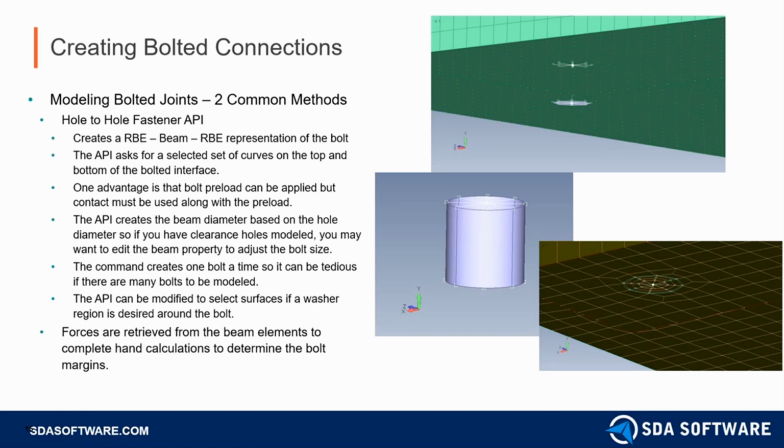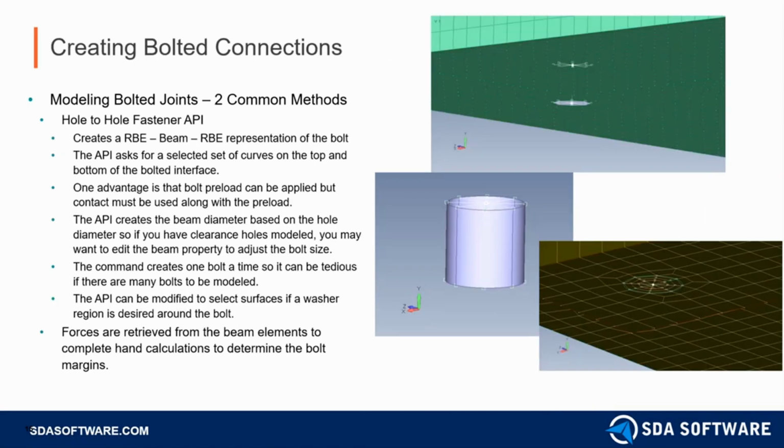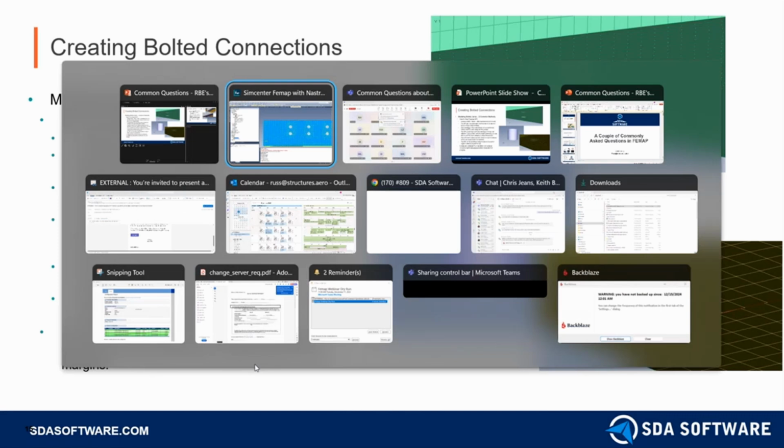I'm not much of a programmer, and I had to get some help from one of the guys in the office who is much better at API programming than I am. And then you would simply retrieve forces from the beam elements and complete hand calculations to determine your bolt margins. So let's jump into FEMAP and see what that looks like.